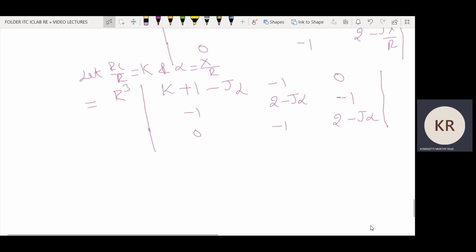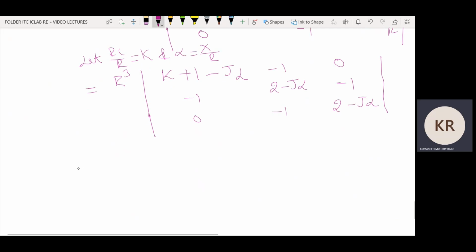This is the delta value, equal to R cube times this determinant.